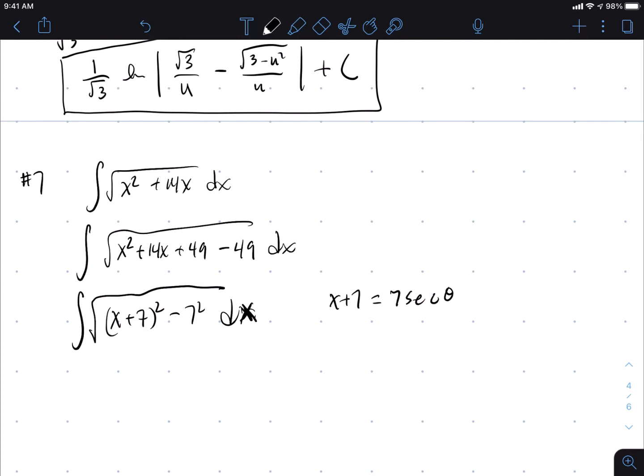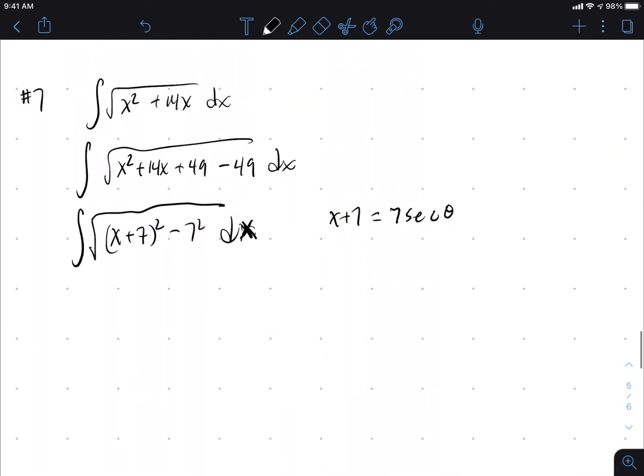Are you with me on that? Yes. So when I take the derivative, I get dx is equal to 7 times the derivative of secant, secant theta tangent theta, correct? Do you see how many derivatives you've had to learn and know in chapter 7? It's insane, right? They all come back.